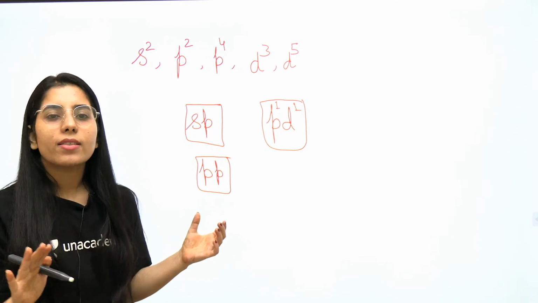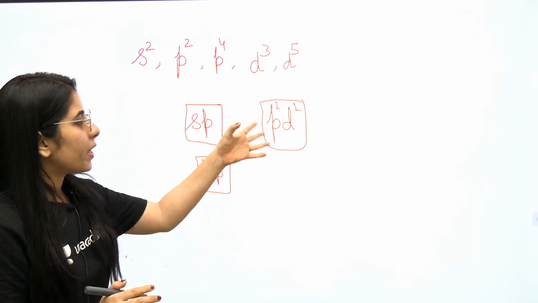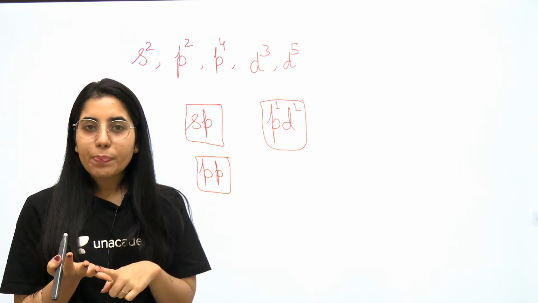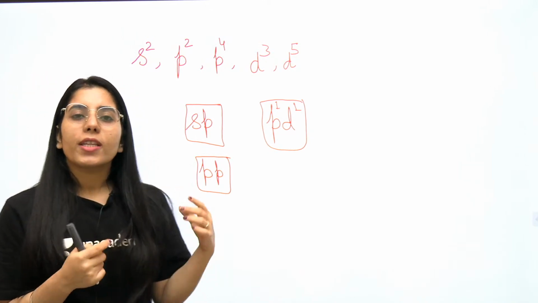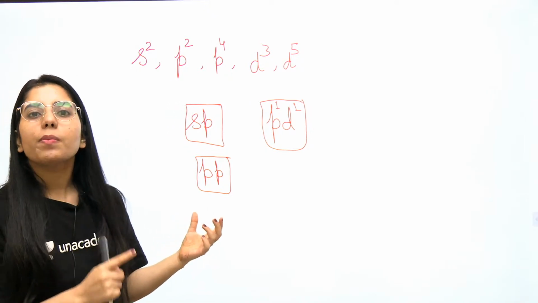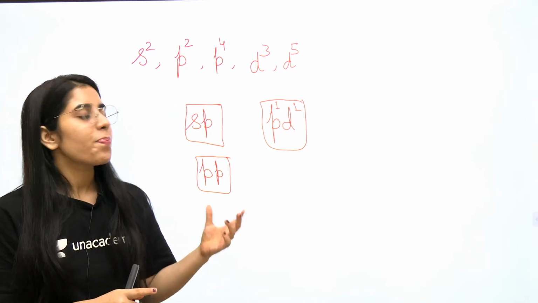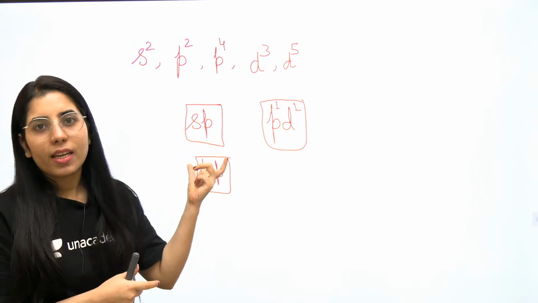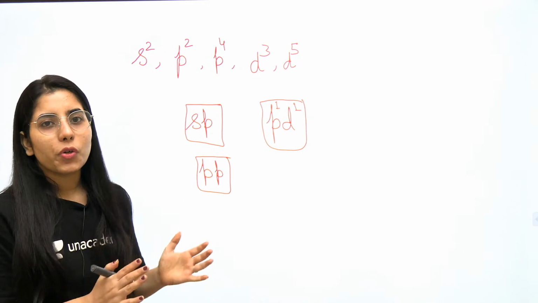Okay, so it's not necessary that you will always have just sp, pd. You can even have ss, pp, dd, like that. So in that case we consider the principal quantum numbers to be different. In the other cases the l is already different, and even the n can be different. Clear? So that's how you are going to consider it.